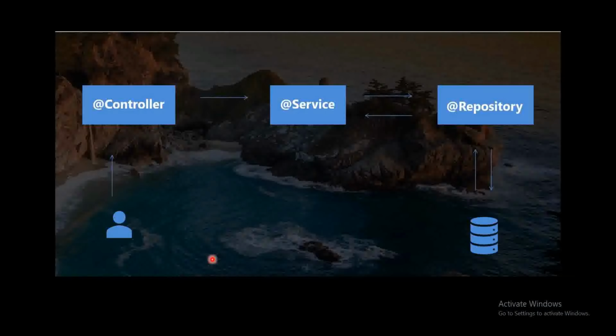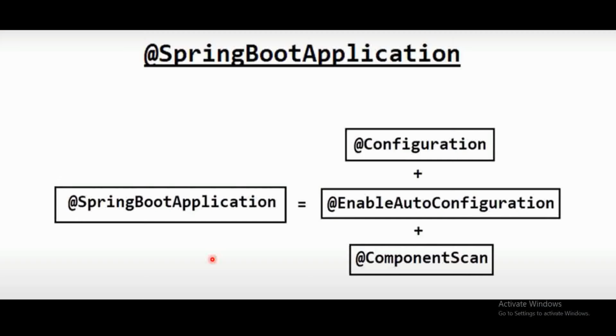The very first annotation is @SpringBootApplication, and this is a combination of three annotations: @Configuration, @EnableAutoConfiguration, and @ComponentScan. @Configuration is used to represent our Java classes as a configuration class, that is, it is used to avoid the XML based configuration. @EnableAutoConfiguration is used to guess the components that are required to run our application.